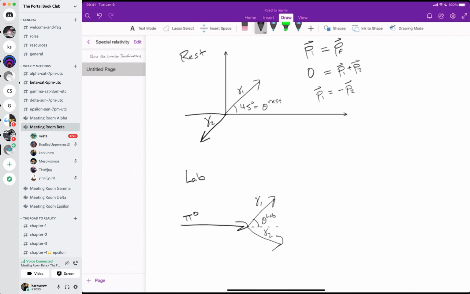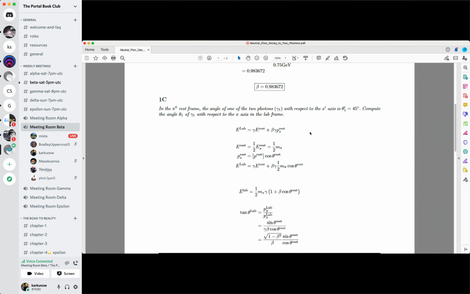Okay, so I can switch back now. I'll switch back and forth when I'm drawing. In the rest frame, since the momenta have to cancel out, the energy of each photon is just half the energy of the pion in the rest frame. The pion has no momentum in its rest frame, so its energy is just the mass of the pion, the invariant mass.